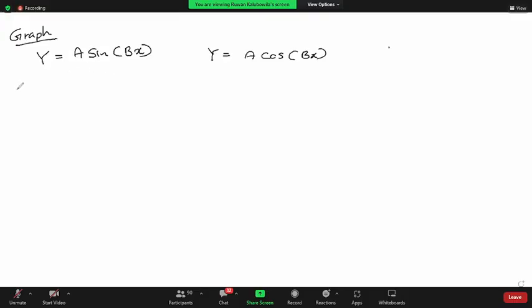I think it is the best way to teach you. So let's take an example. y equal, very simple case, sine x. I'm going to draw this. y equals sine x.